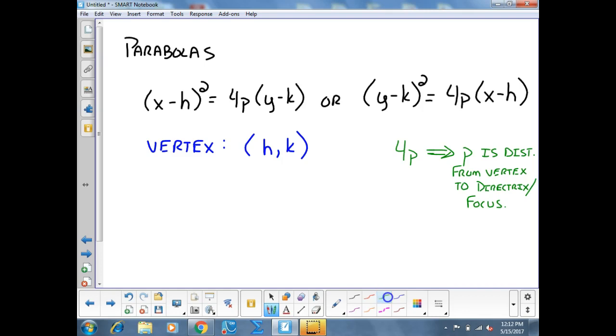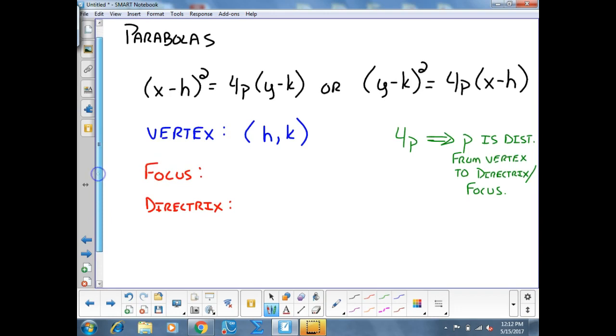And so then things that we would need to find would still be, we would have to find the focus. We would have to find the directrix. When we were doing it, we also found the width of the parabola.